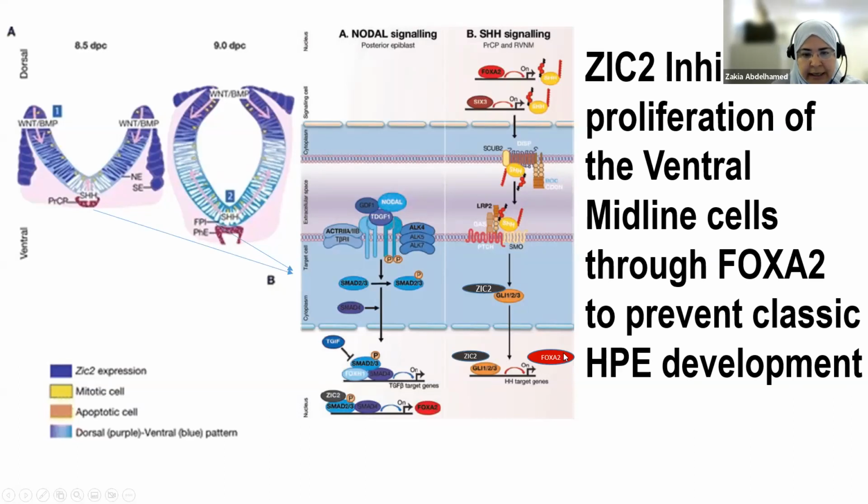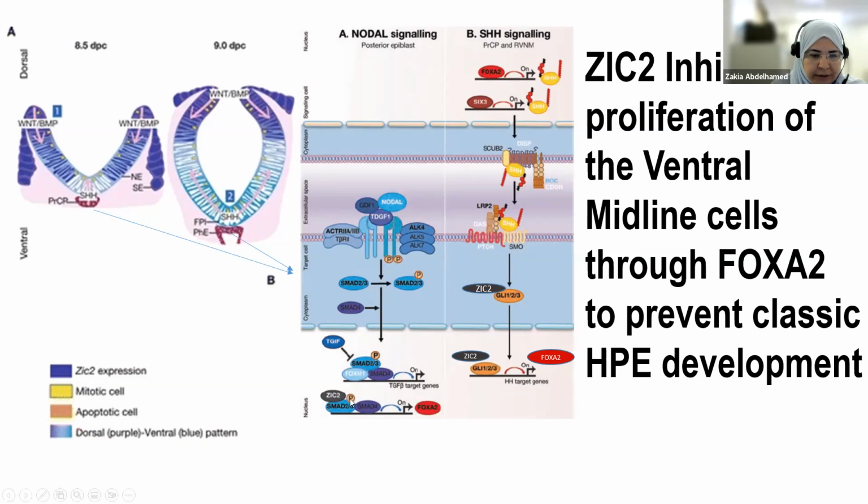into the nucleus. And once it is in the nucleus, it activates FOXA1, and FOXA1 inhibits proliferation in the ventral midline or the floor plate cells, and this leads to development of the midline structure. If we don't have ZIC2, we lose FOXA1 and we lose the development of this.